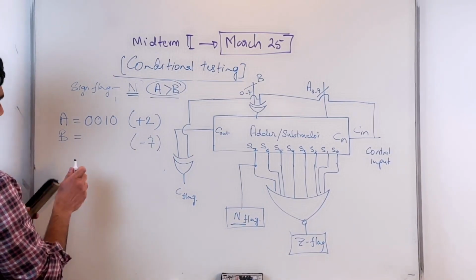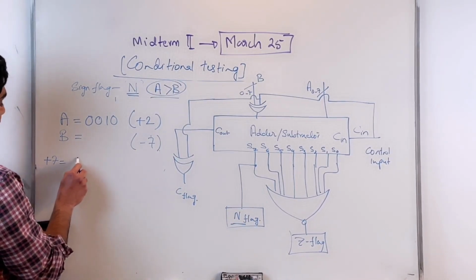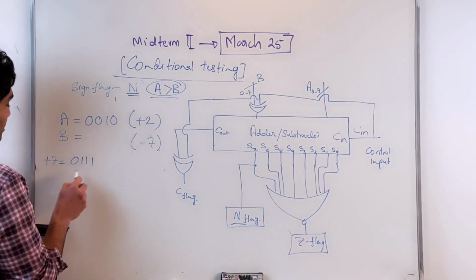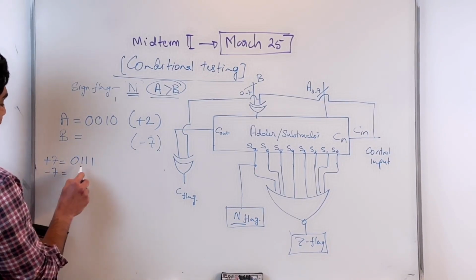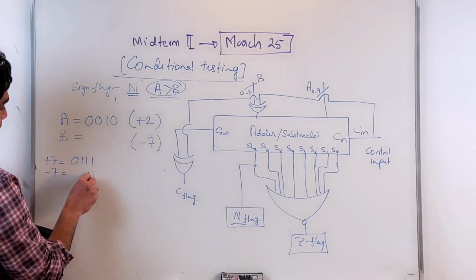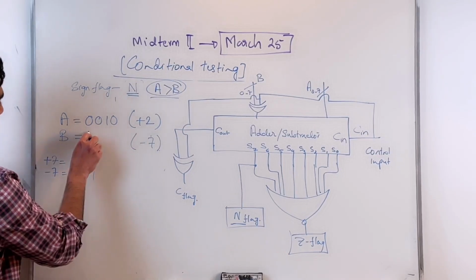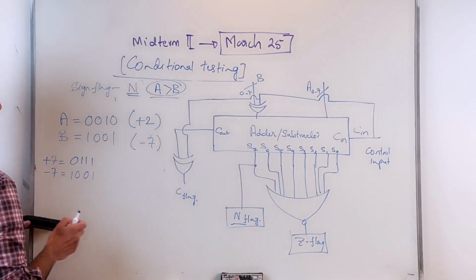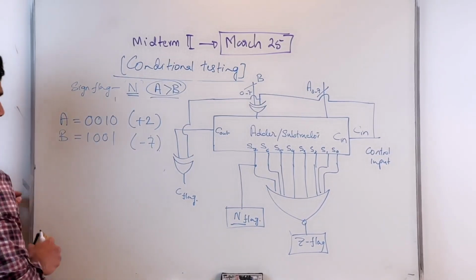Plus 7, remember, is 0, 1, 1, 1. That means my minus 7 will be the negative of that. Take the 2's complement, so that will be 1, 0, 0, 1. That's negative 7.